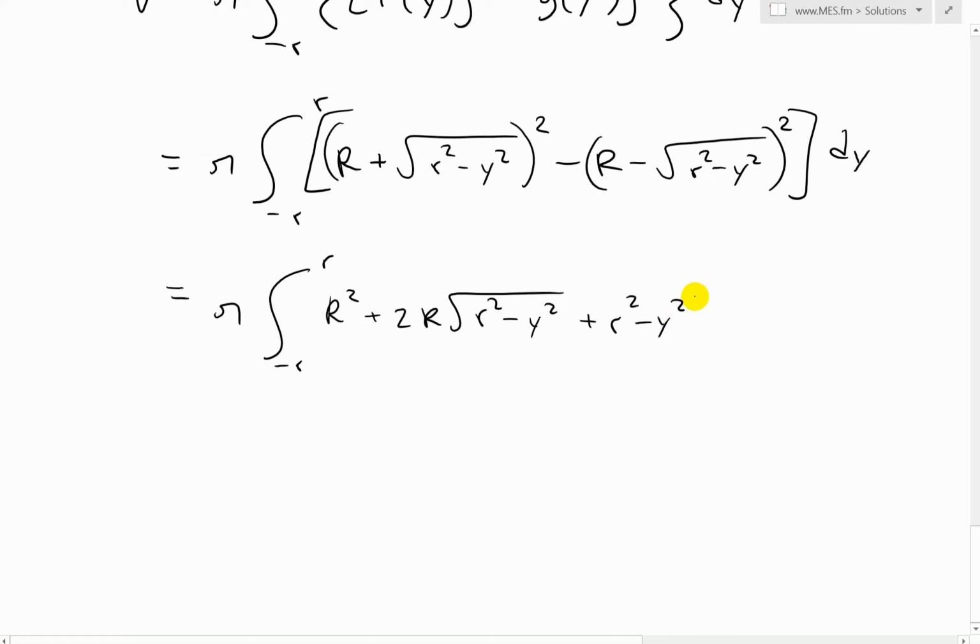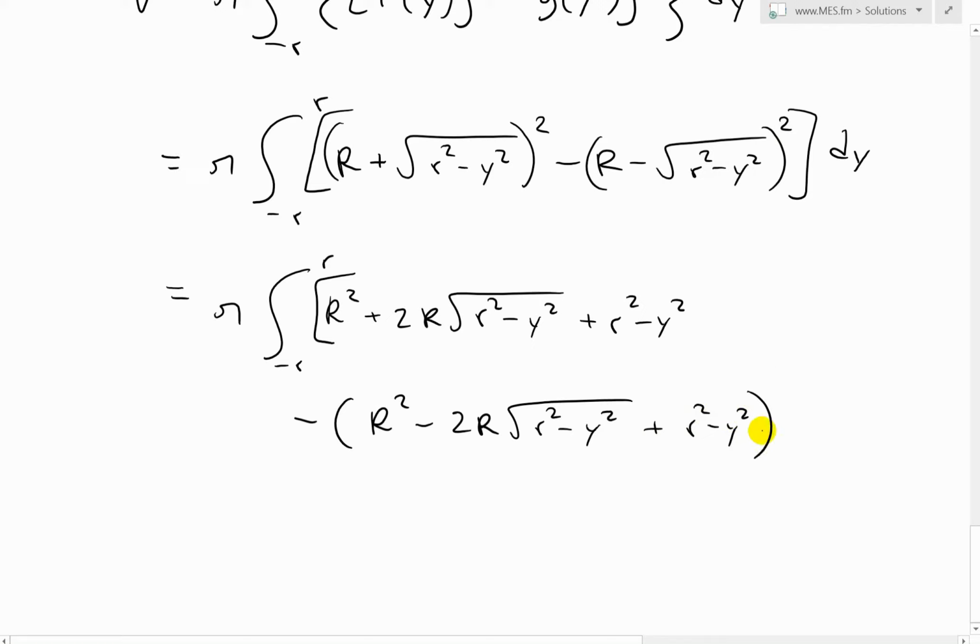That's all on this side, and now we subtract the second bracket: r squared, and then minus 2r square root r squared minus y squared. And then this last one, when you multiply it, it cancels, and negative times negative gives a positive, r squared minus y squared like that. And then this is going to be a dy.